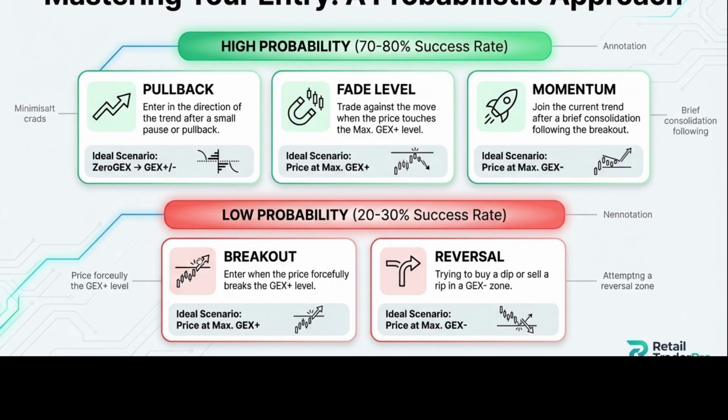They don't want to go higher because the gamma here gives them the opportunity to cover or hedge their position. There's no reason to go higher. For that reason, there is a 20 or 30 percent success rate.